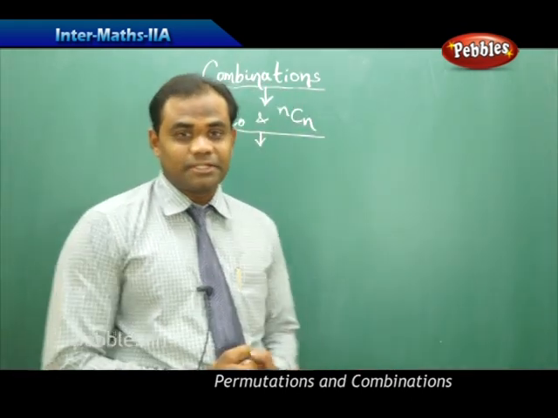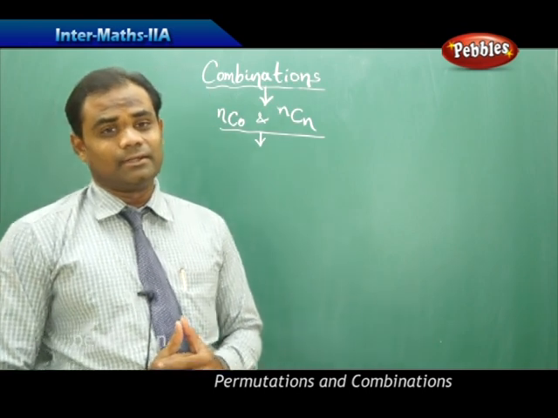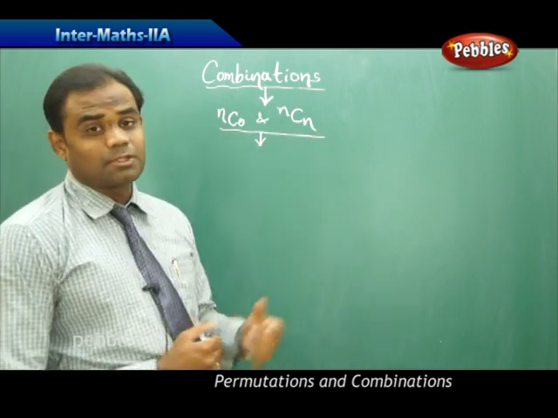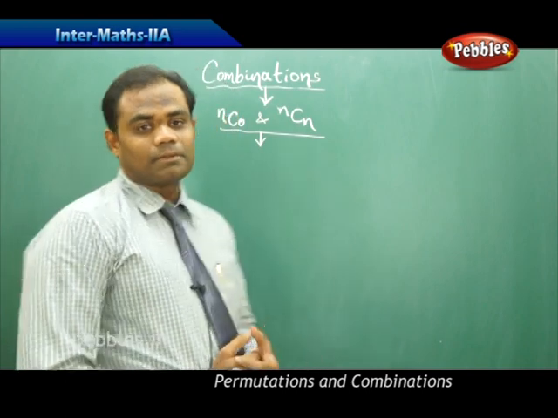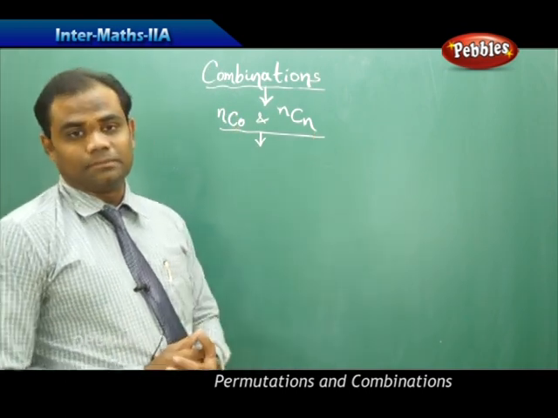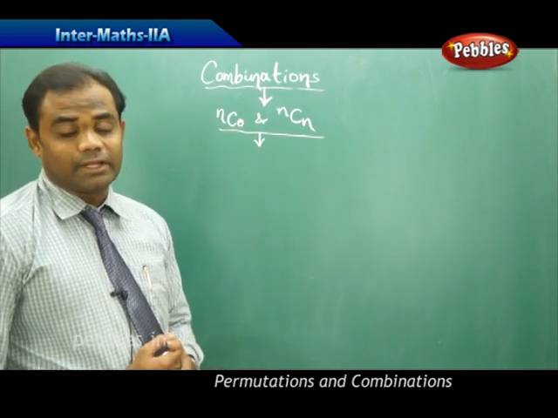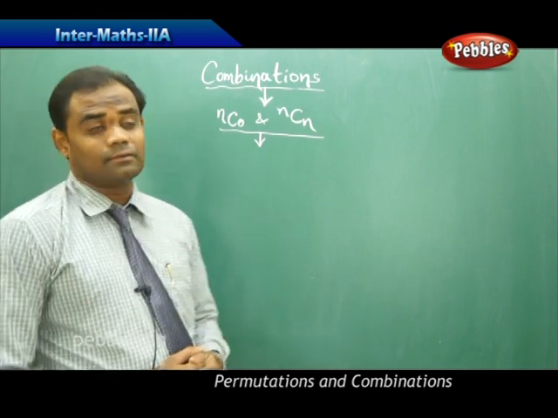So let's see the special cases of finding nC0 and nCn. We'll see these two as special cases for nCr, because r is fixed at 0 and r is fixed at n. So let's see how we can derive the values for nC0 and nCn.